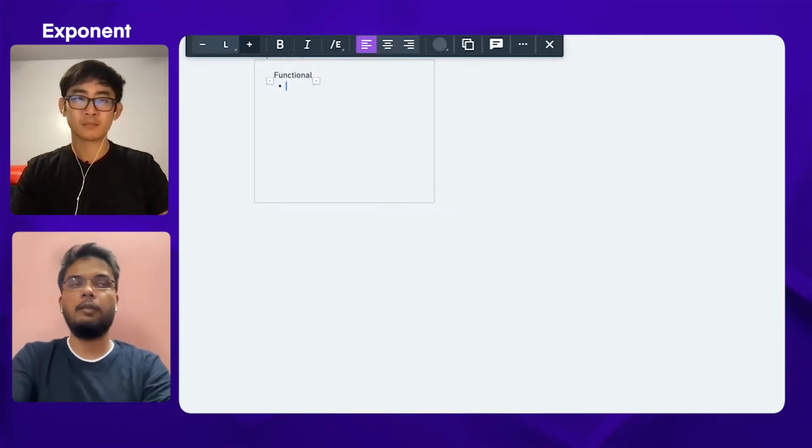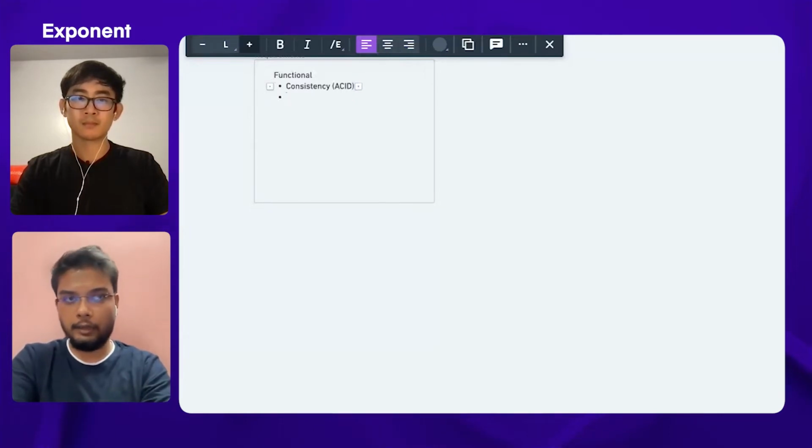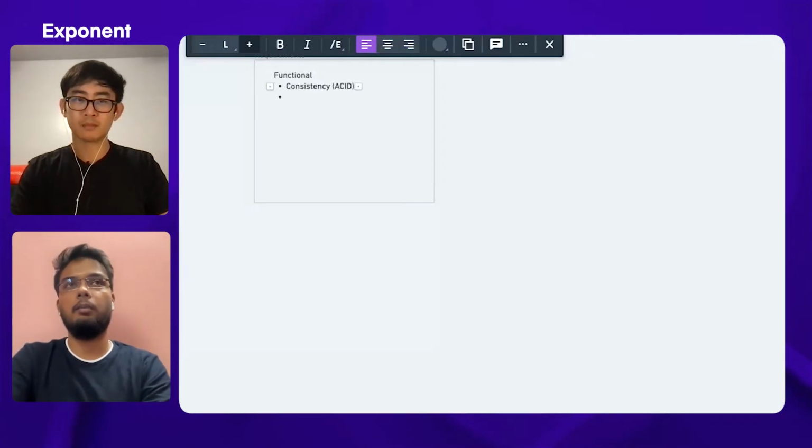For functional, the first thing that comes to my mind with transactions and payments is consistency. We need some sort of consistency. So I will write consistency. Again, this is the ACID stuff. The second thing that comes to my mind is what's the typical user flow.